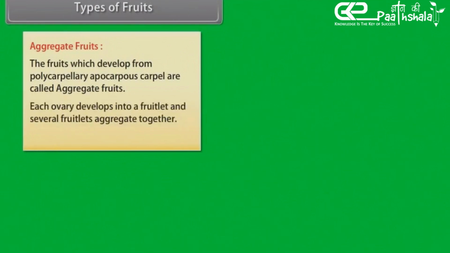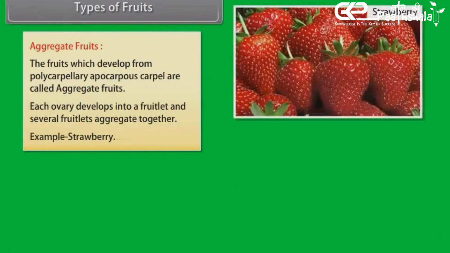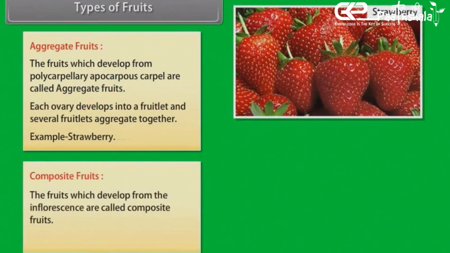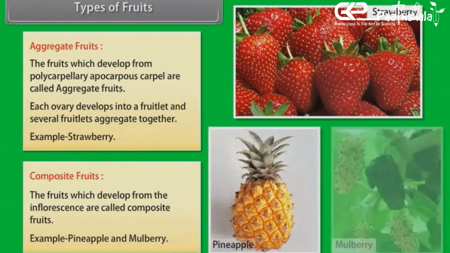Each ovary develops into a fruitlet and several fruitlets aggregate together. Example, strawberry. Composite fruits. The fruits which develop from the inflorescence are called composite fruits. Example, pineapple and mulberry.